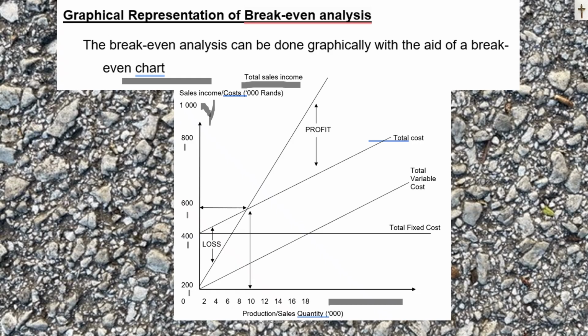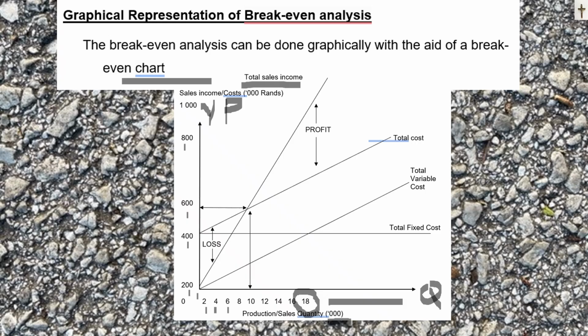On the x-axis you have quantity, so you've got price and quantity. You remember that from straight line graphs, and the quantity is in thousands, so you've got 2,000, 4,000, 6,000. It goes up in 2000s from 0 all the way up to 18,000, which is the number of files that were produced.